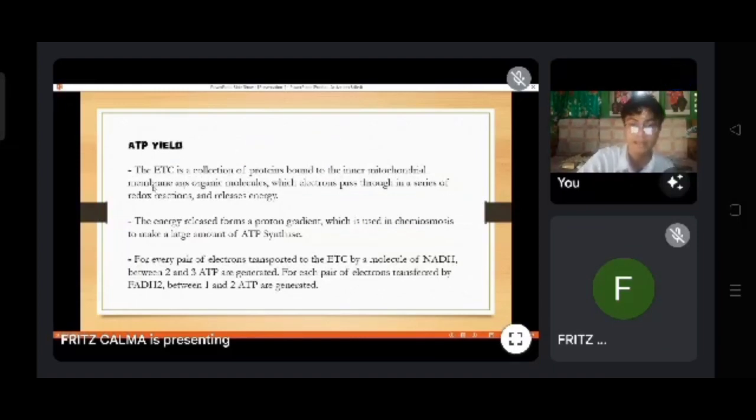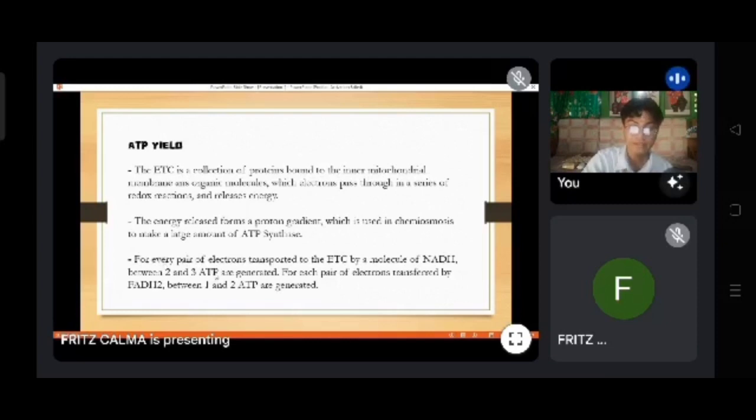So the electron transport chain is a collection of proteins bound to the inner mitochondrial membrane, as organic molecules through which electrons pass in a series of redox reactions and release energy. The energy released forms a proton gradient, which is used in chemiosmosis to make a large amount of ATP by ATP synthase.